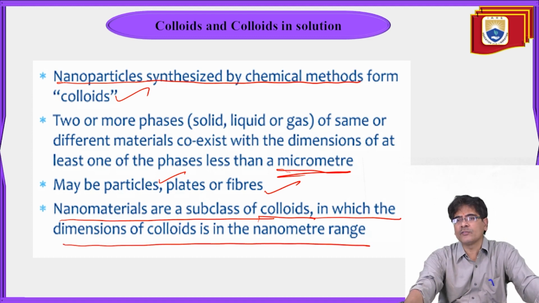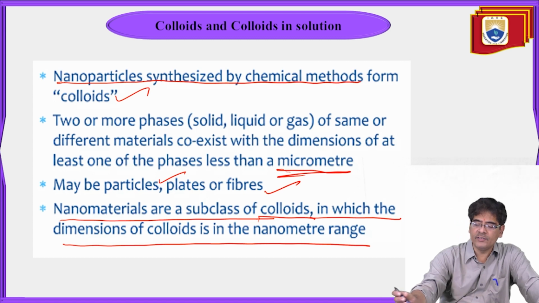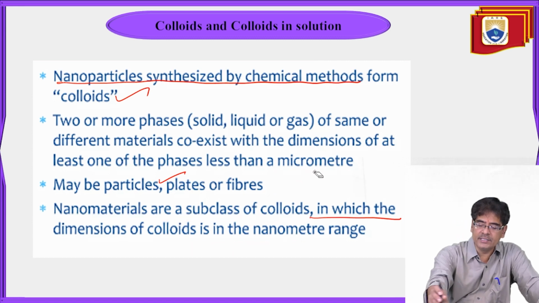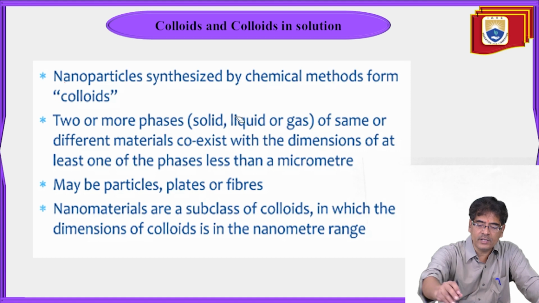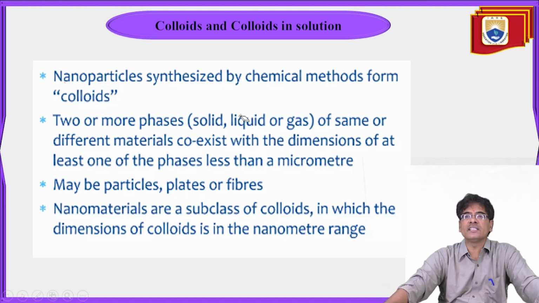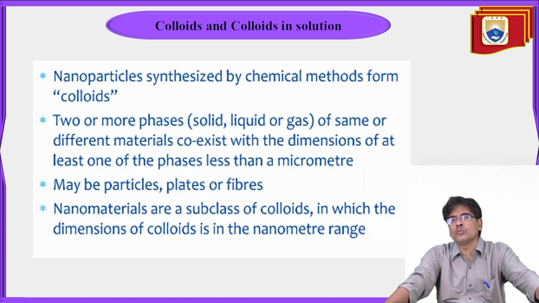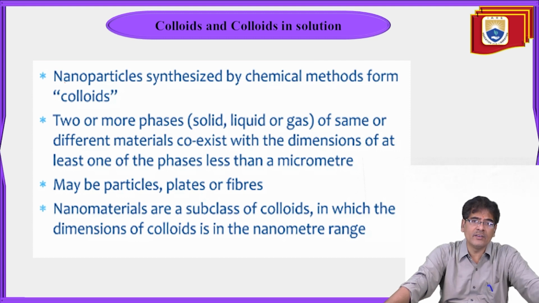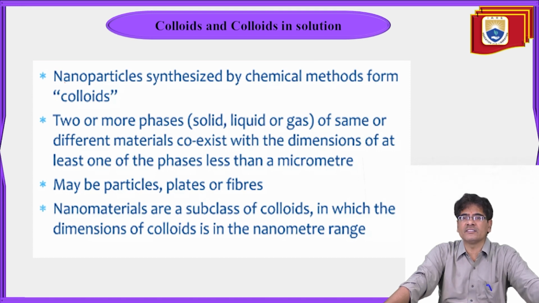So nanoparticles synthesized by chemical methods form colloids: two or more phases like solids, liquids, or gases of the same or different materials coexist with the dimensions of at least one of the phases less than a micrometer.